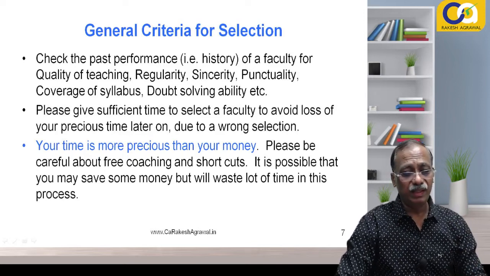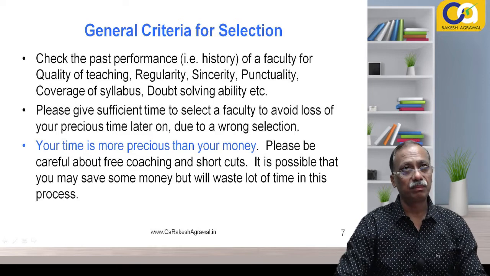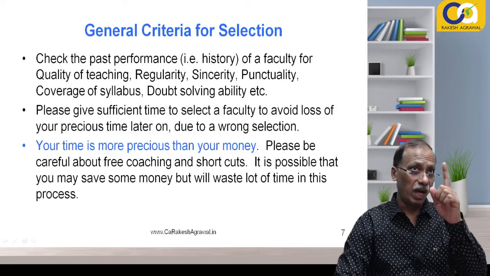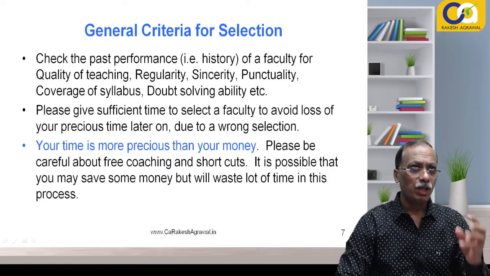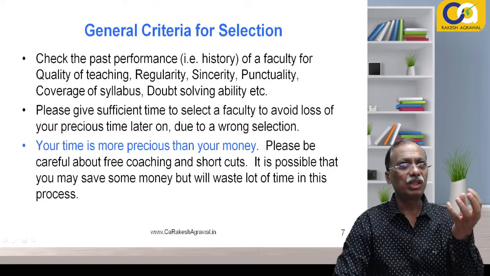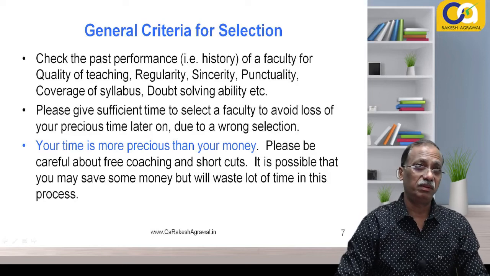Please remember this sentence: your time is more precious than your money. I repeat, your time is more precious than your money. And this is one area where the majority of CA students make a mistake. They want to save some money, but in exchange for saving some money, they lose 6 months of their life.